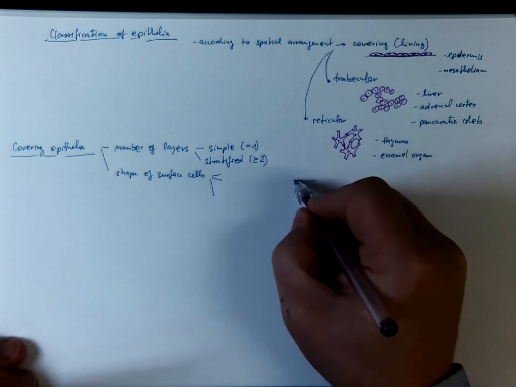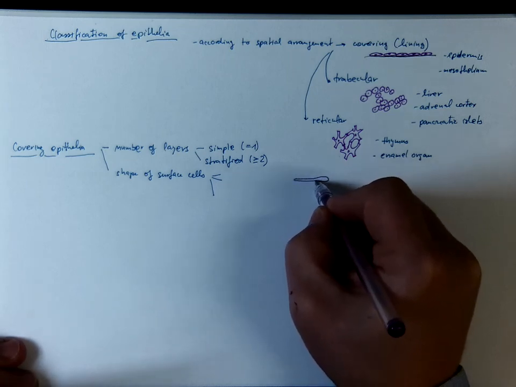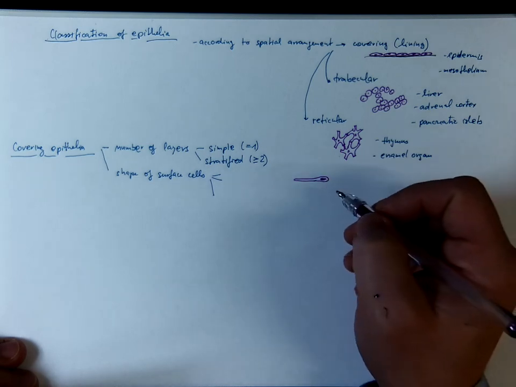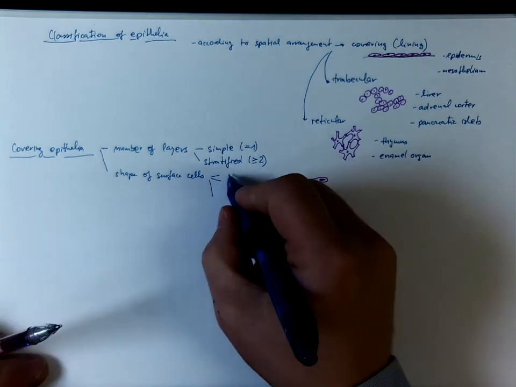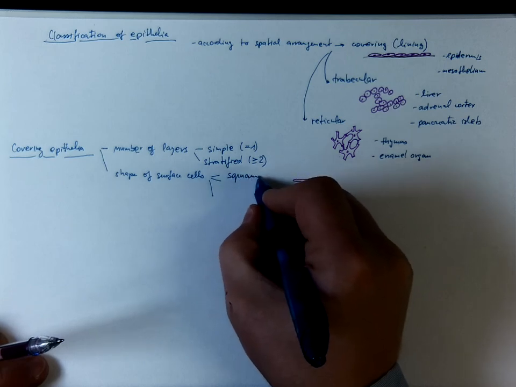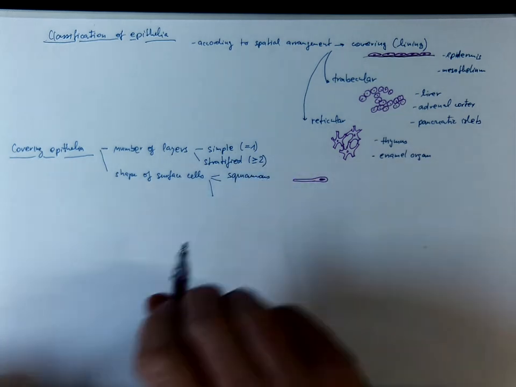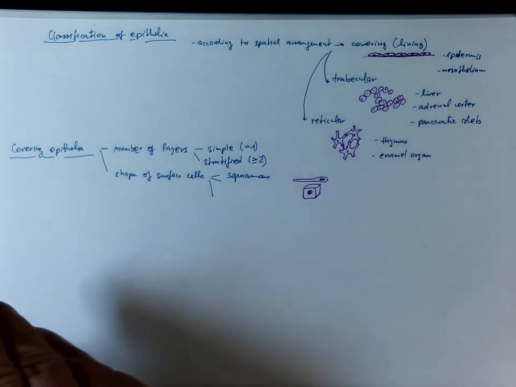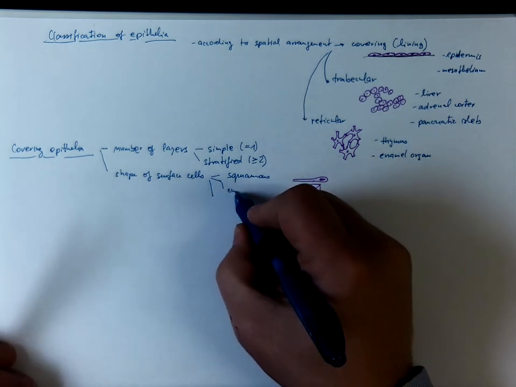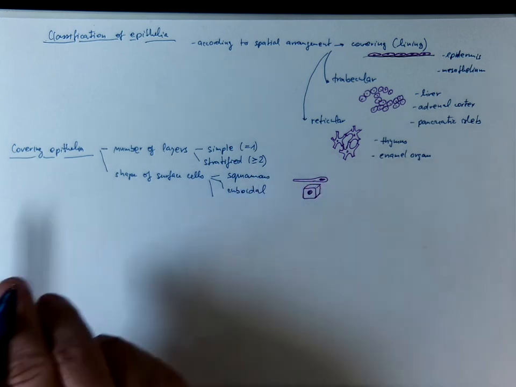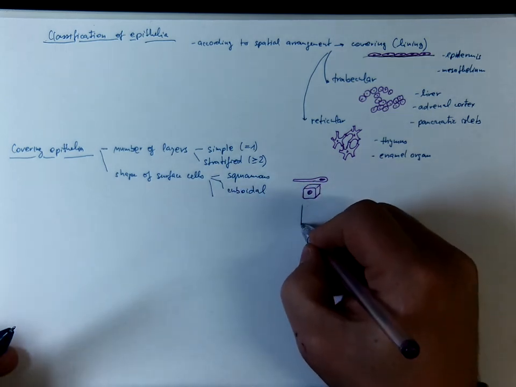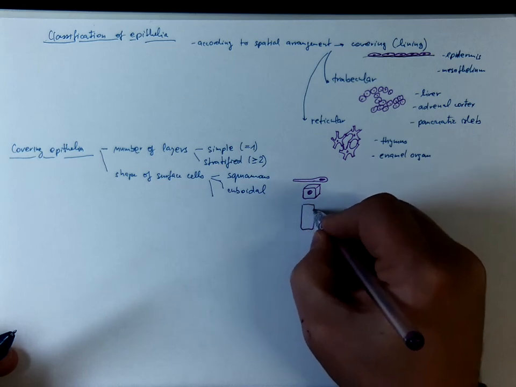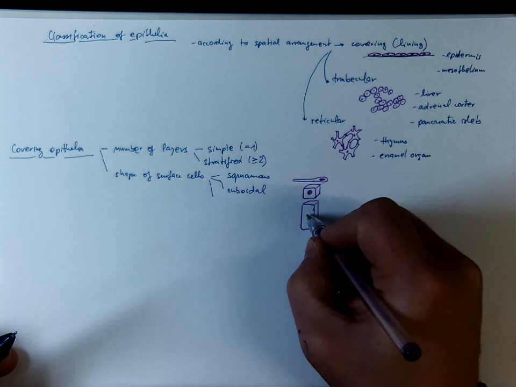First, the cells could be flat, only the region with the nucleus could be bulging. You call it squamous. Or the cells would be cuboidal with round-shaped nucleus, or the height of the cells would exceed their width, mostly with ellipsoid nuclei.